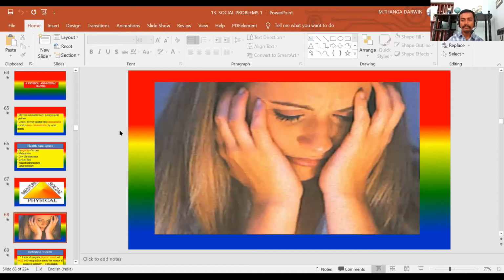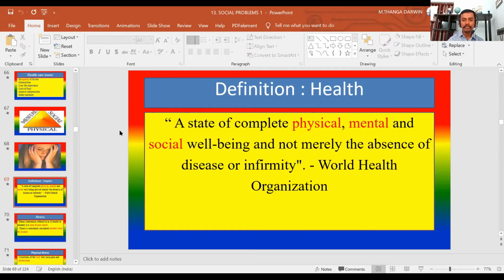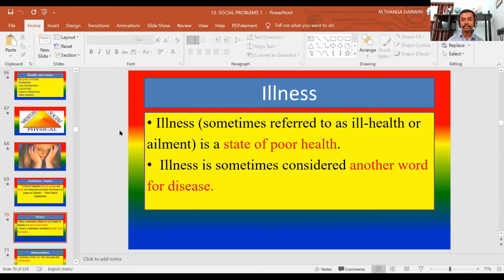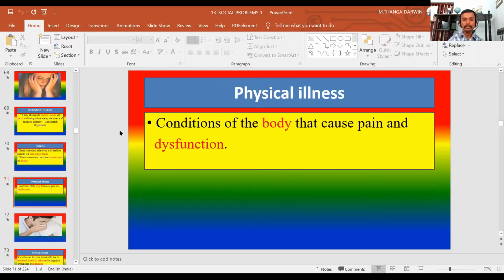Define health: physical, mental, social well-being, not merely absence of disease or infirmity. Illness is a state of poor health, and a person experiencing the disease.